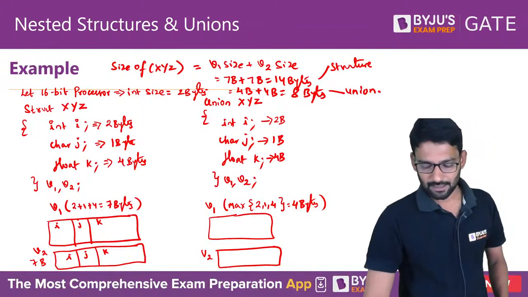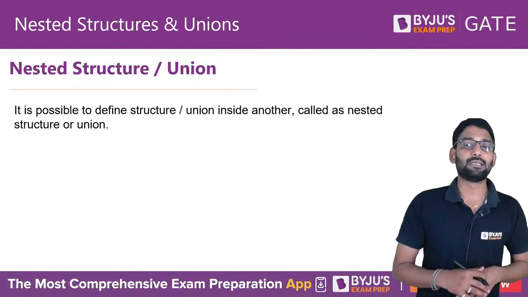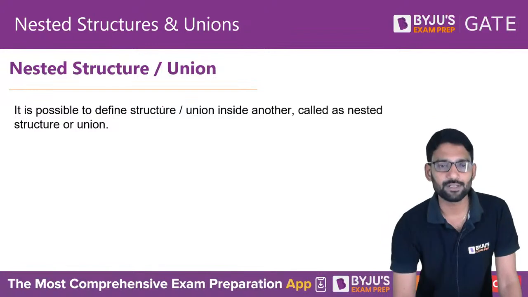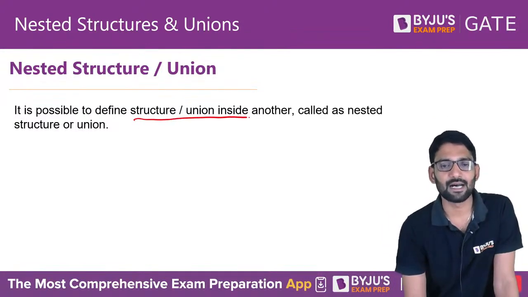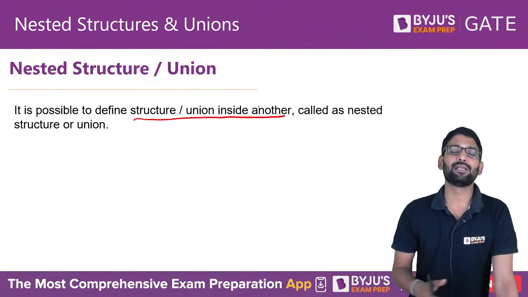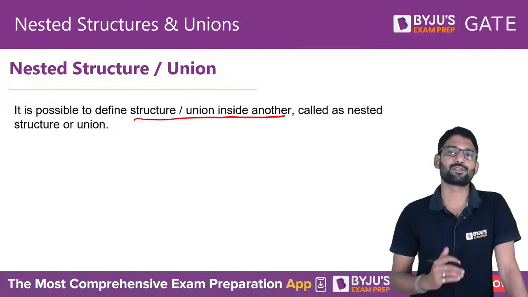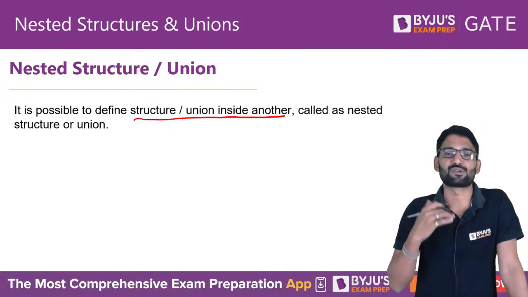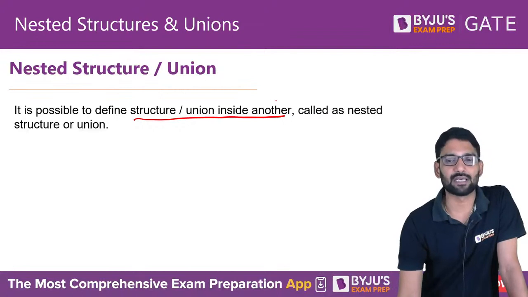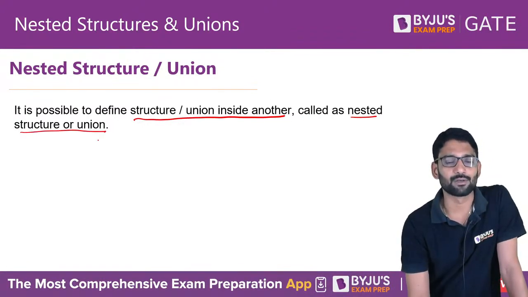Right. And guys, it is possible to define one structure inside another, or one union inside another, or structure in union or union in structure. This is what we say nesting, nested structure or union.